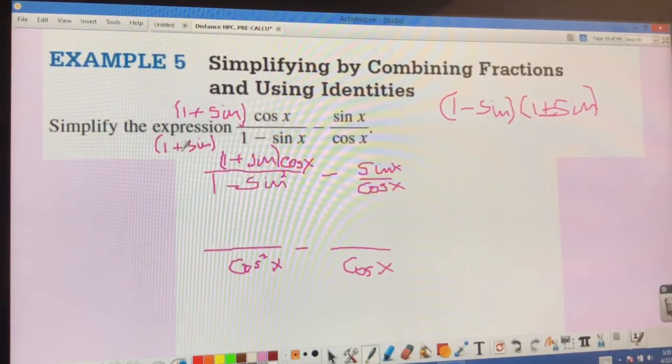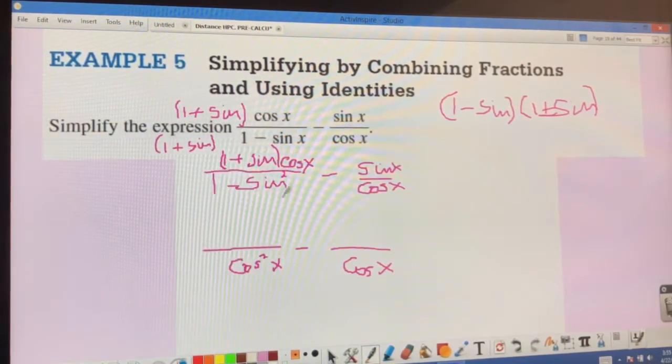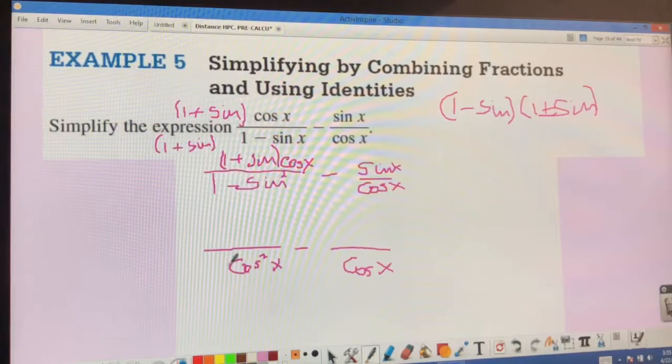So you multiply 1 plus sine of x times your 1 minus sine of x. It turns into 1 minus sine squared of x because your middle terms cancel. So this is the same as cosine squared of x. And on the top, I still have that 1 plus cosine of x. I could have multiplied out, but I decided not to.